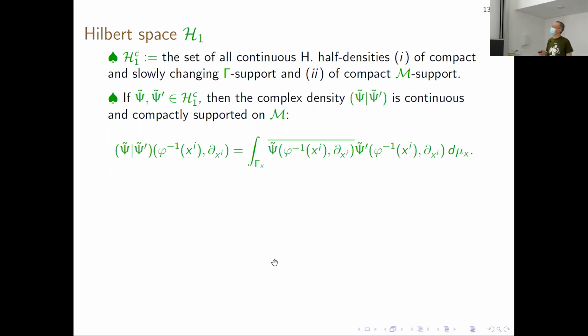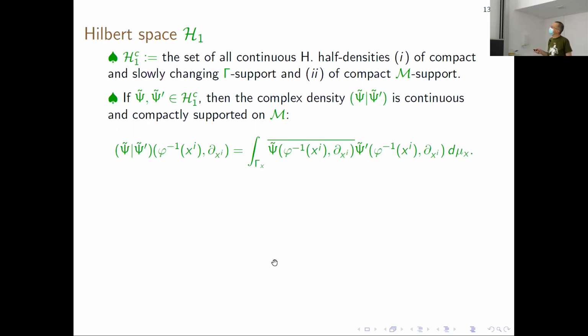So, roughly speaking, this is a complex half density, and you can also consider its coordinate representation. Now, this coordinate representation is given in fact by the following integral, which is nothing else but the inner product on the Hilbert space Hx.